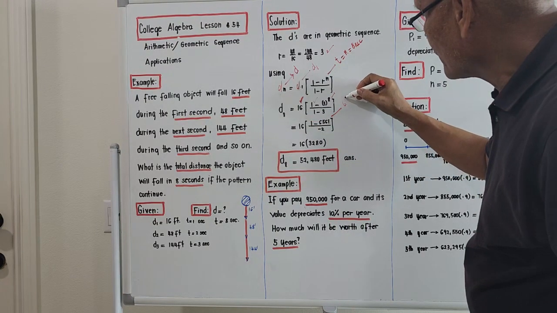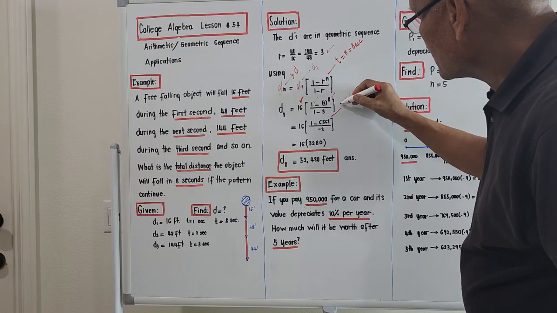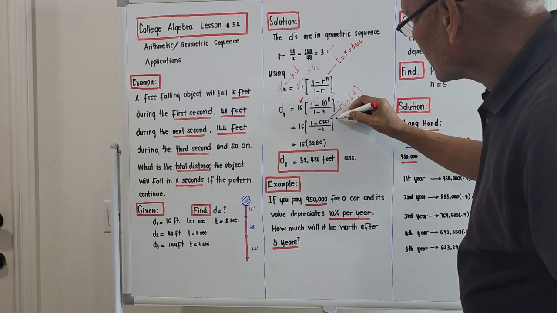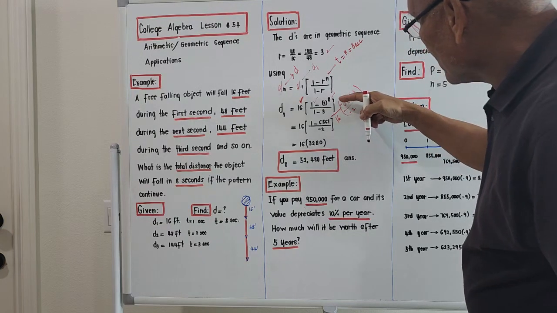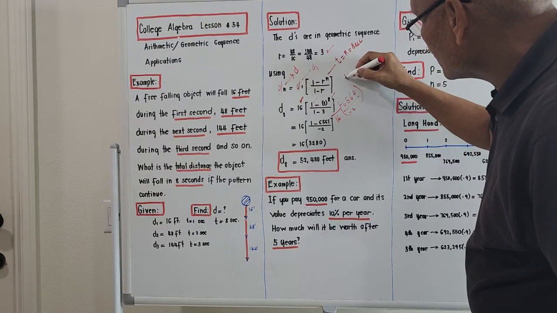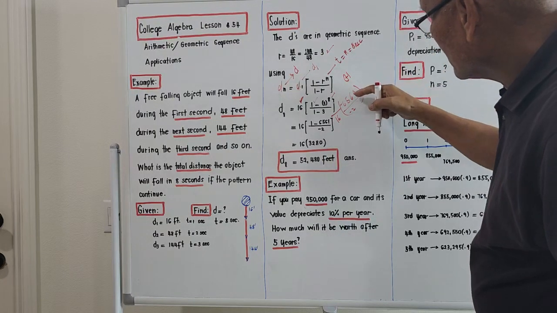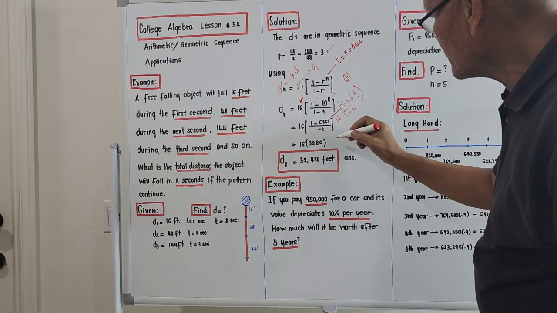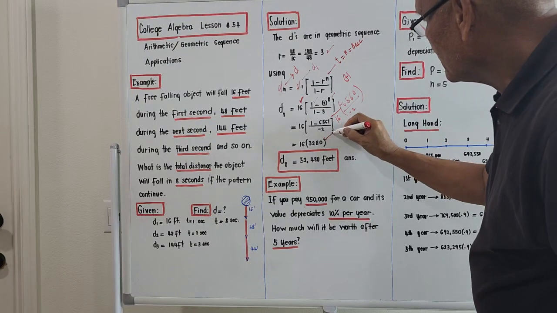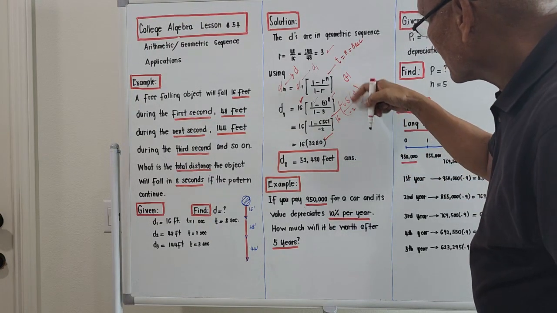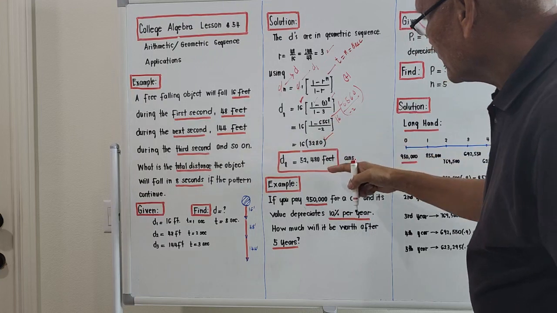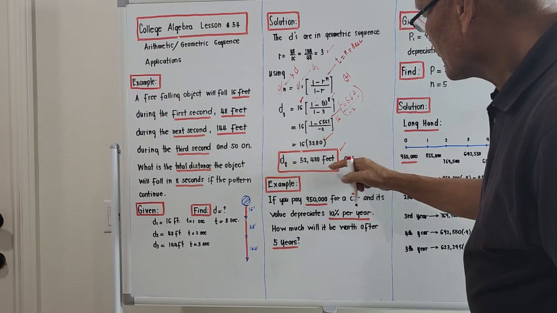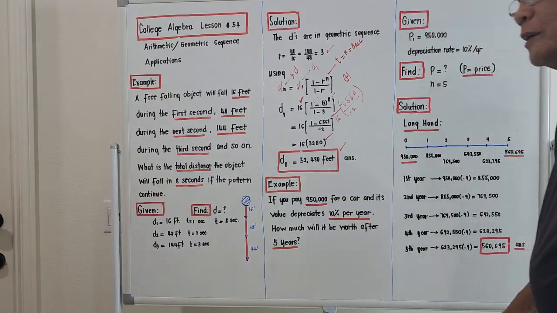So it will become 6560 negative all over a negative 2. This is multiplied by 16. A negative over a negative will be positive. So the ratio of this is 3280, times 16. And the value will be 52,480 feet. That is after 8 seconds.